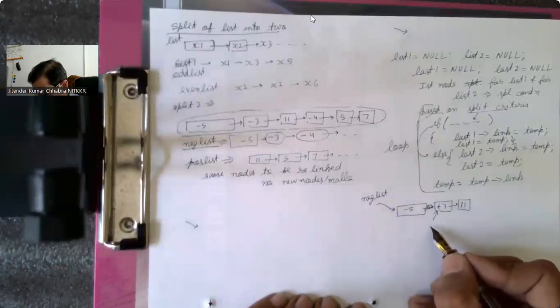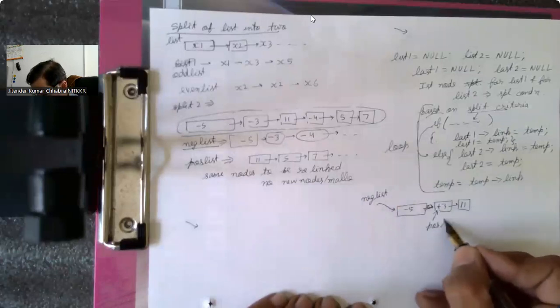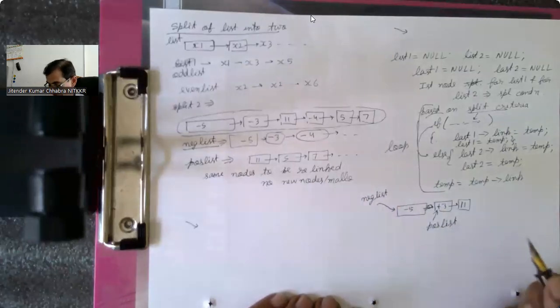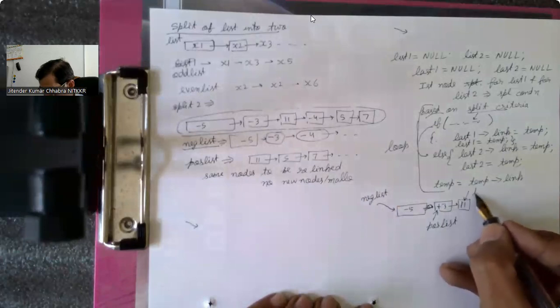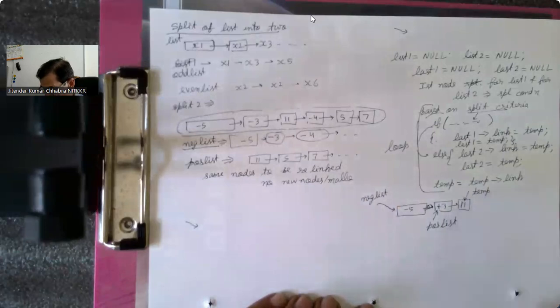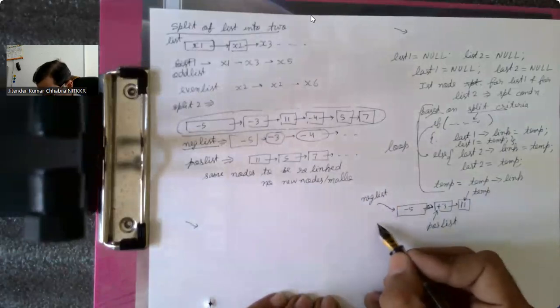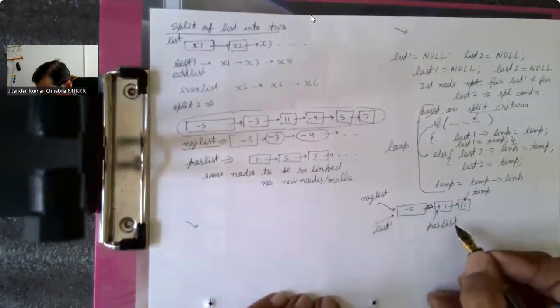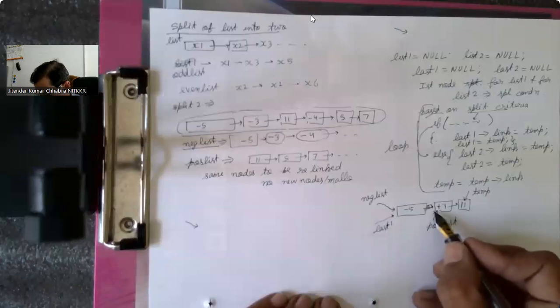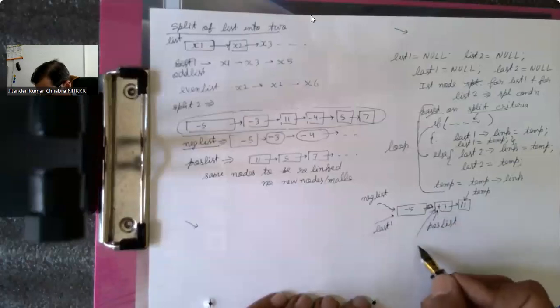This will be your pointer for the positive list. Once you have handled your first node correctly, this process has happened. And maybe you are at this step. Temp is here. Obviously, this means this is your last one, and this is also your last two. So your last one and last two are here.